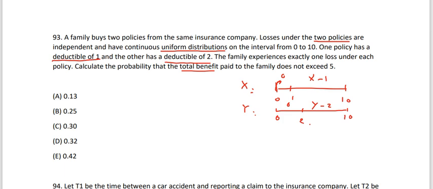We want to find the probability that the total payment is less than 5.